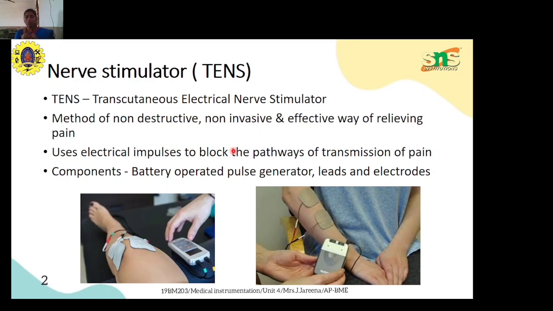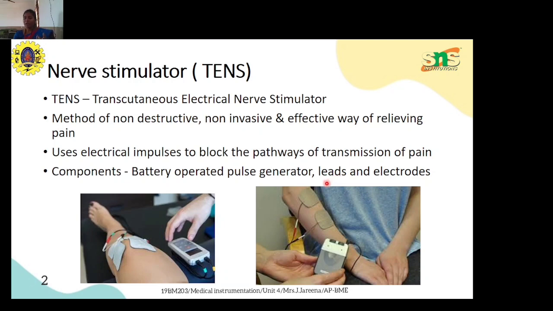Now we will come to the components. What are the main blocks needed in a TENS? As I told you before, the main aim of this nerve stimulator is sending electrical impulses. So first and foremost, what is needed is a pulse generator. Here I have mentioned the pulse generator, which is battery operated.